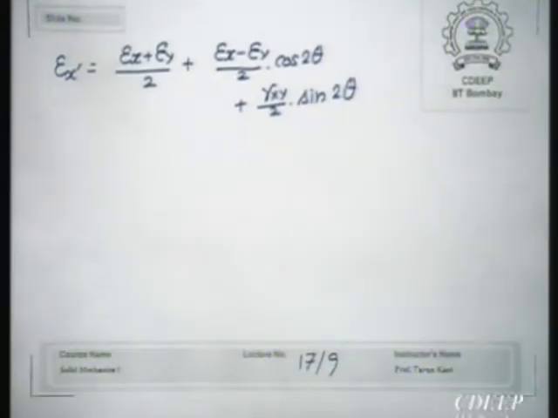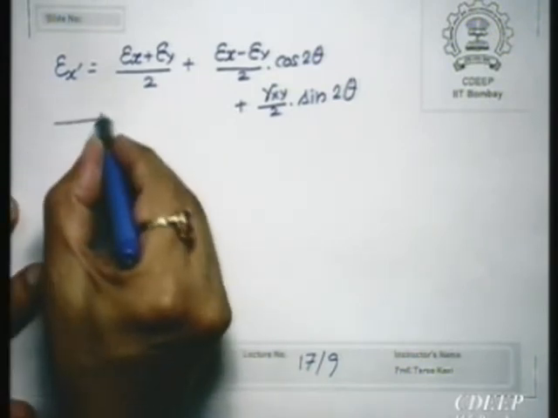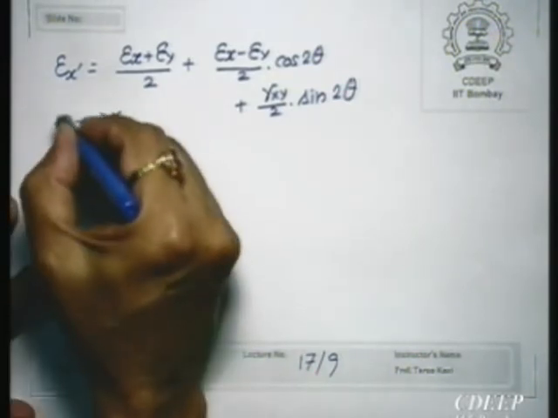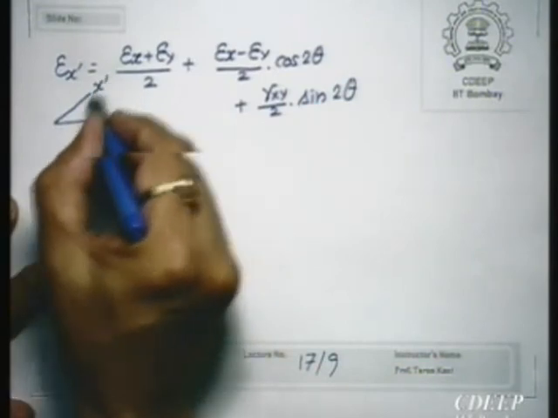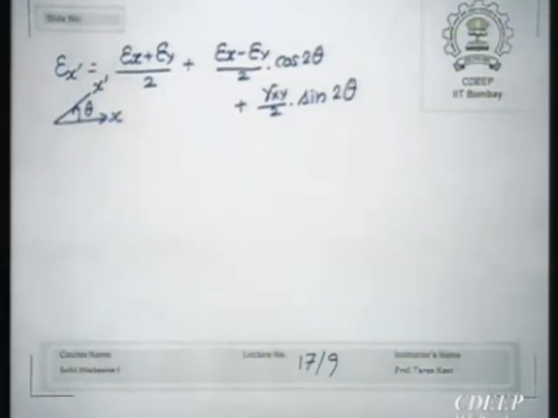Only this I can measure, because x dash means there is an angle theta attached to the x direction, and this is x dash. So I can place the gauge in any direction on the surface and measure x dash.